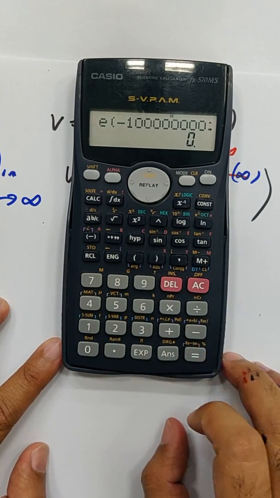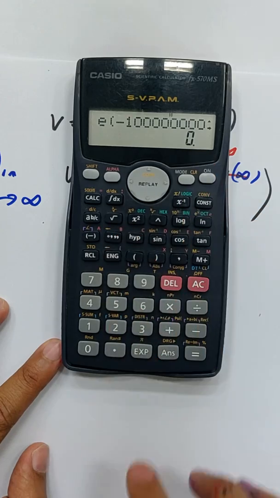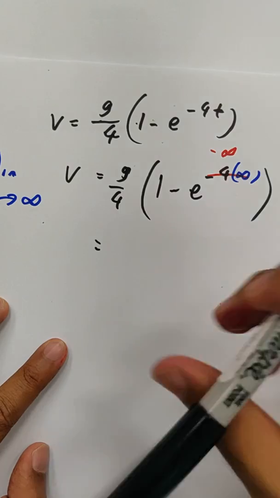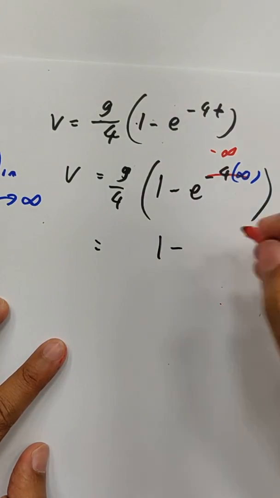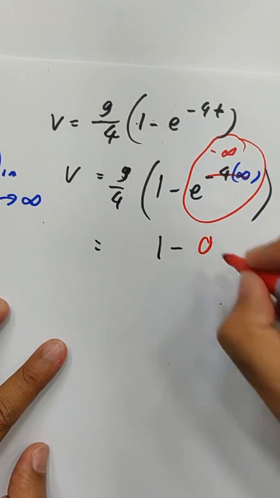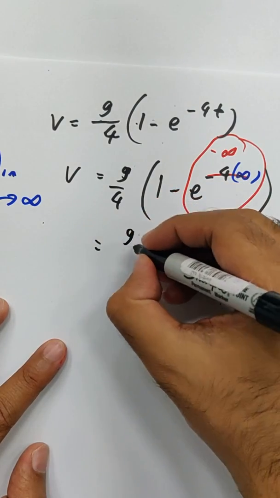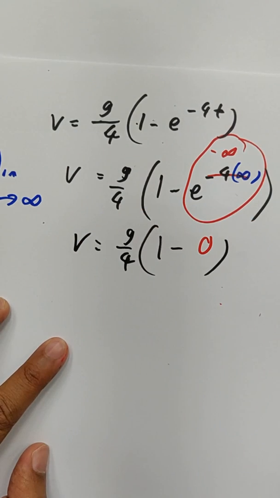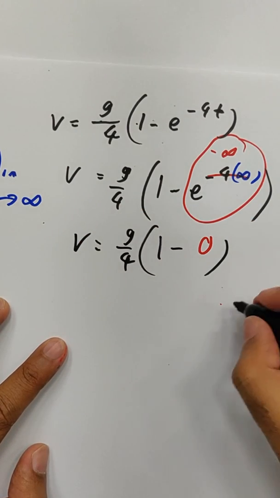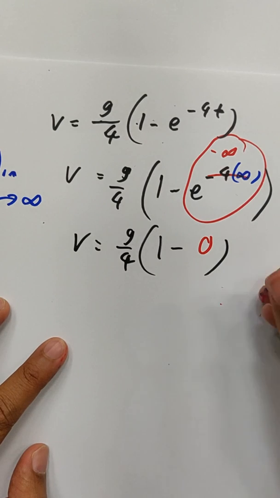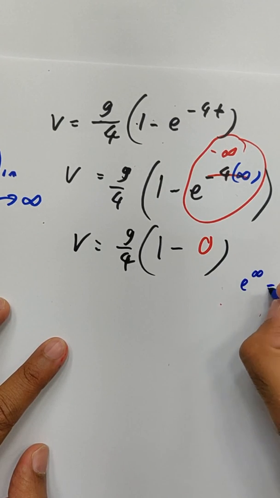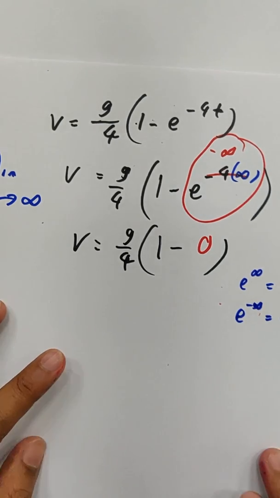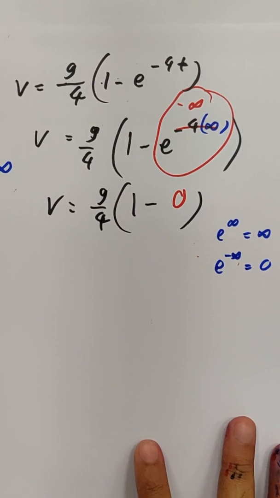What do we get? Boom, 0. So this whole thing here is equal to 0. Or basically just remember that e to the infinity is infinity, and e to the negative infinity equals 0. I cannot help you if you don't remember that fact.